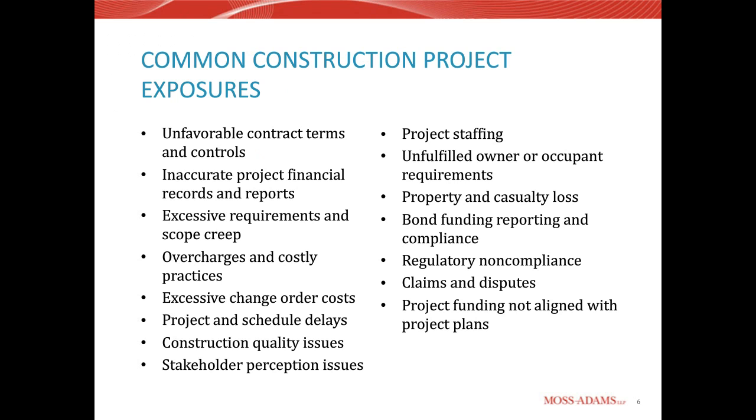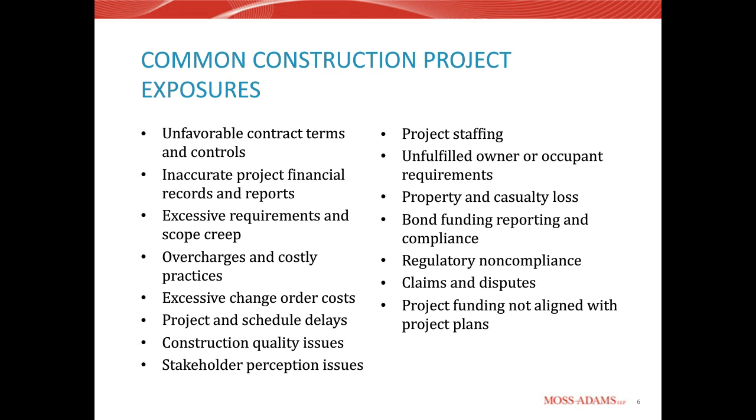So, some common construction project exposures. You can read the list that we've provided. This is not an exhaustive list, but these are some of the most common things that we do see. Some of the major themes that flow throughout this list are the control environment, both on the owner side and the general contractor side, and having an awareness of the processes and procedures that go into the different areas.